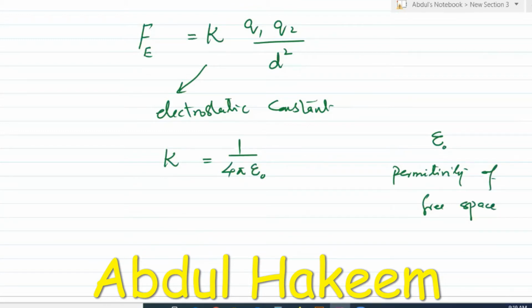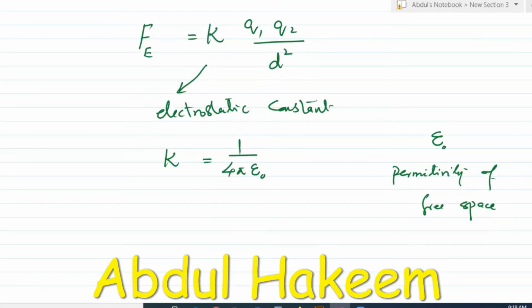So in A level, we will assume that all charges are placed in vacuum. So that's why this K is equal to 1 over 4 pi epsilon naught. This is the assumption in A level. All charges are kept in free space, meaning the vacuum.